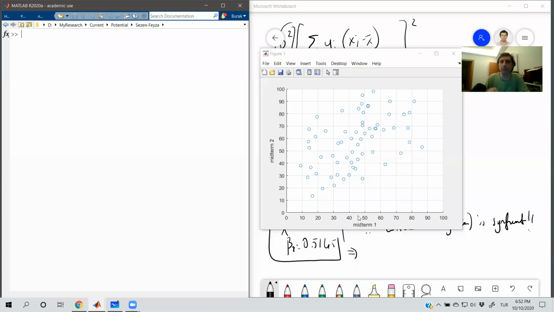And last of all, I'm going to draw the best fitting line so that we can see what's going on. It's always good practice. First of all, we should see the data. Visualize, inspect visually the data if you can. And once you do that, also see how the fit matches the data.